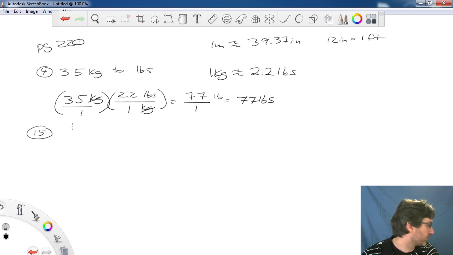15, I think, is a word problem. Yeah, that one's kind of the strange one. Describe any patterns you found that can help you use the chart to convert between units more quickly. You might have noticed something, I don't know.